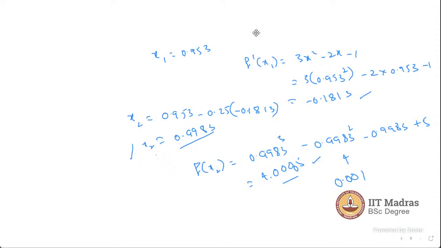In this calculation, if you take all the values to only 2 decimal places, then you don't arrive at x2 with that error value. Suppose I take all the values with 2 decimal places, then f of x2 I get as 4.01, which is not close within the error.